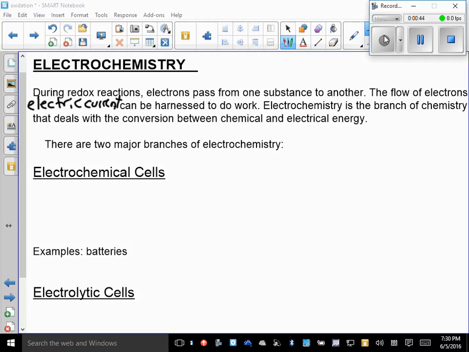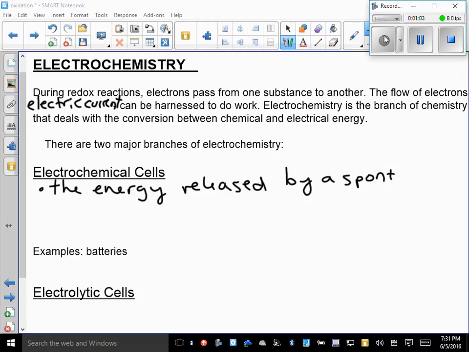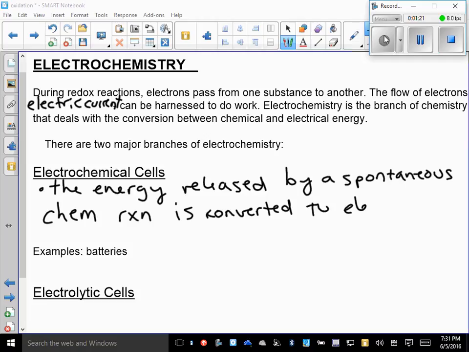There are two major branches of electrochemistry. The first is called electrochemical cells. The energy released by a spontaneous chemical reaction, so it happens on its own, it doesn't need energy, is converted to electrical energy.